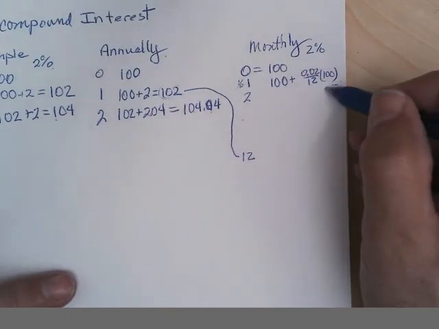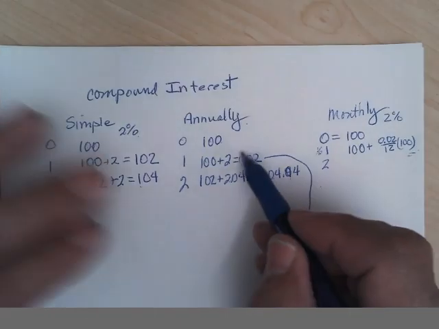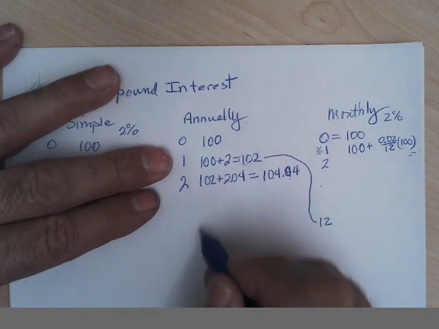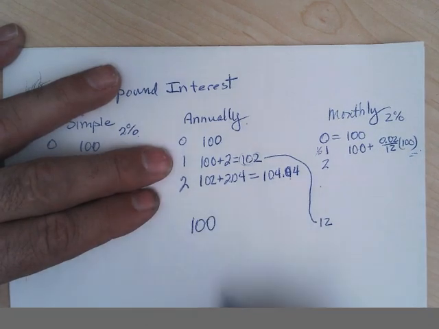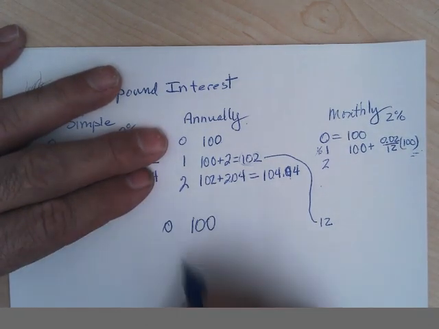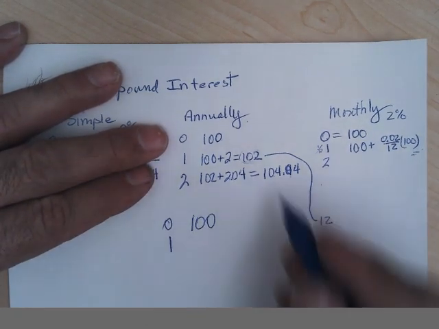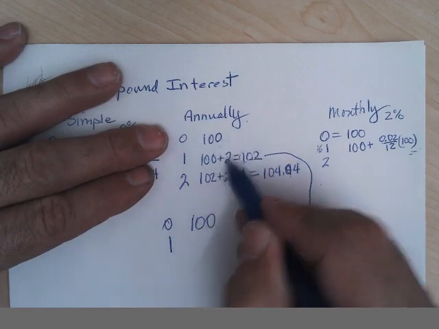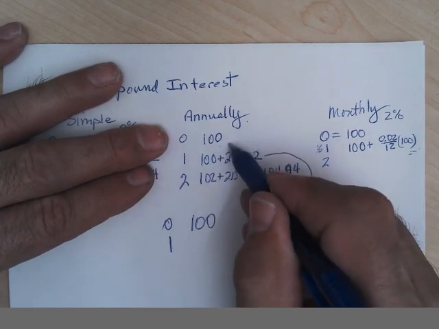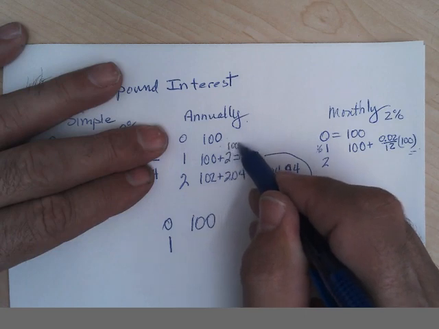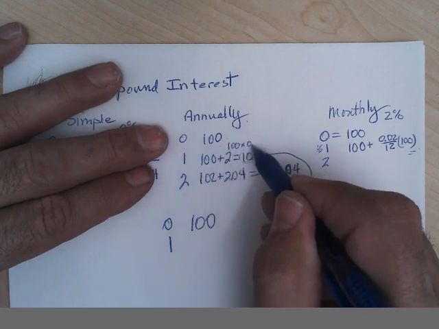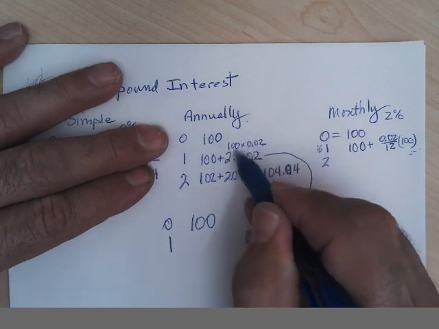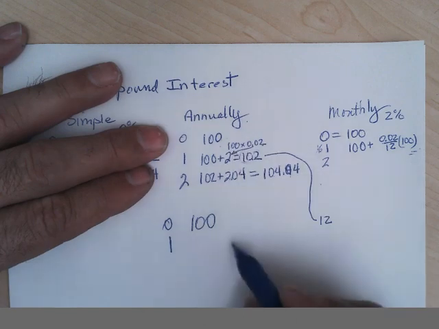So now let's figure out how to do this more easily. So going back to here, I'm going to have $100 at time 0. After 1 year, I want to get 102 without having to do this add thing. Well, I've been taking 100 times 0.02 to figure out the $2.